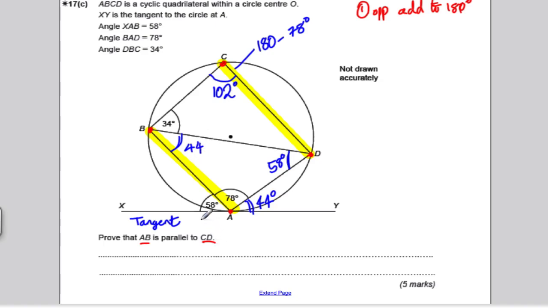Now, actually, we're done on this question now, because look, these two angles here, the 34 and the 44, add up to a total of 78 degrees.